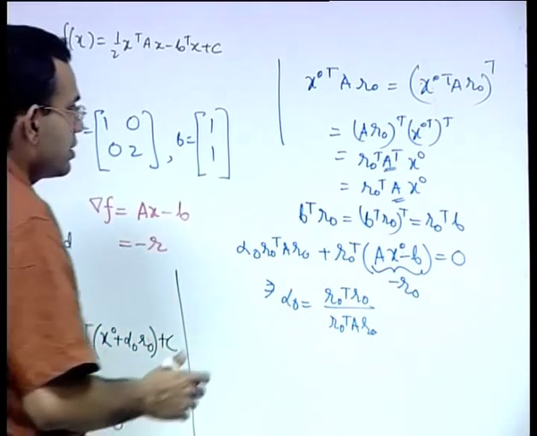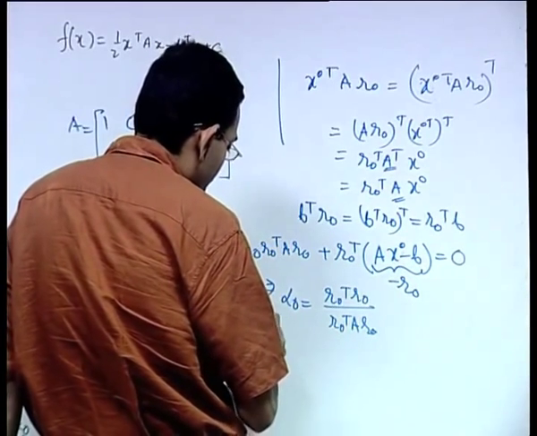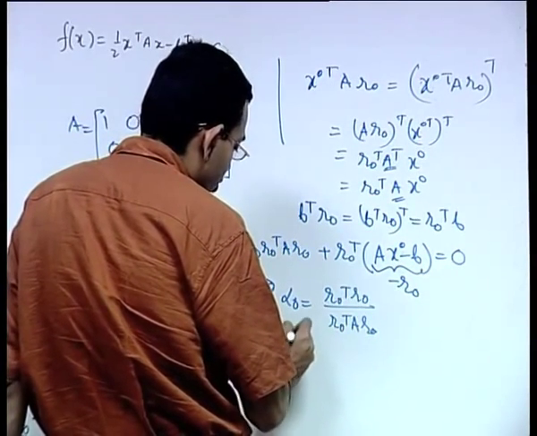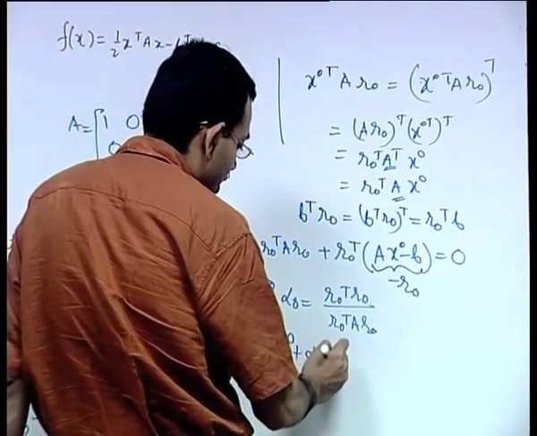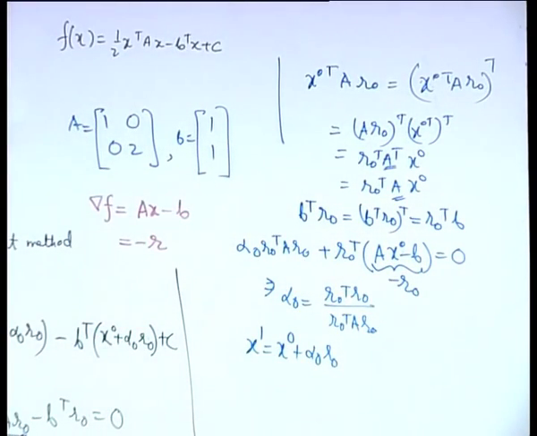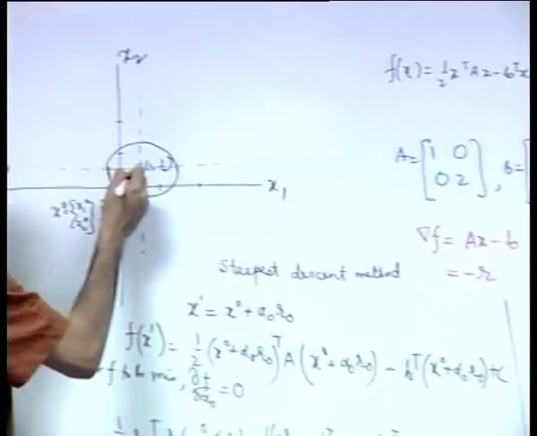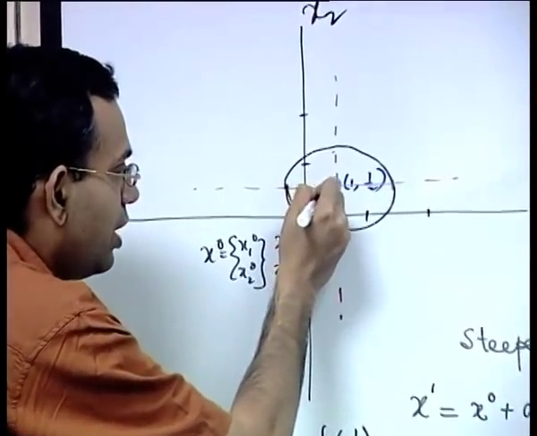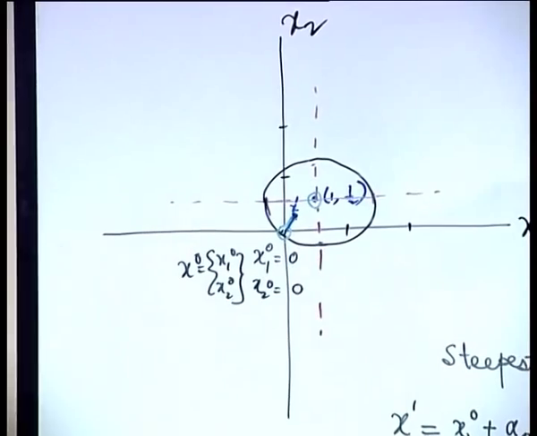So with this we can say that the new x, x1, is equal to x0 plus alpha 0 r0. So you move up to a certain x, and that is the new x, x1, and then you change your direction.